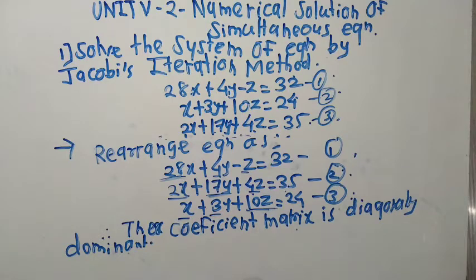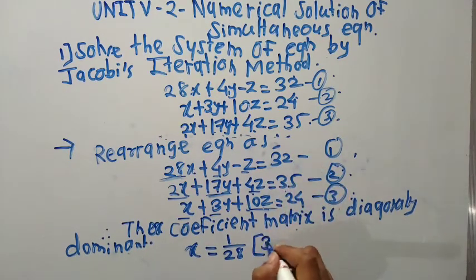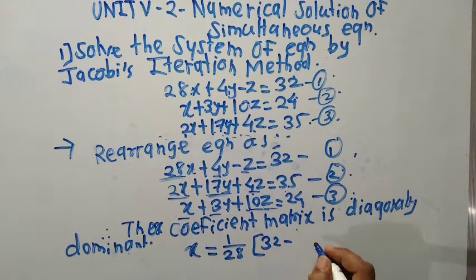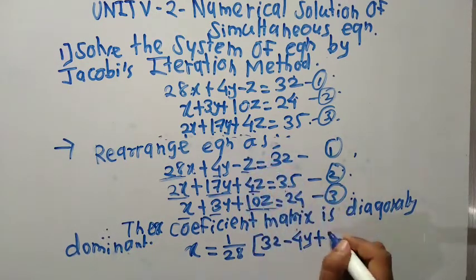So first find x, y and z. So here x is equal to 1 divided by 28, 32 minus 4y plus z.